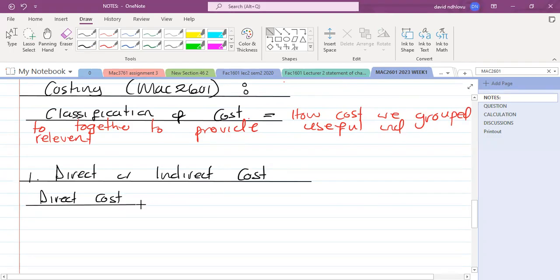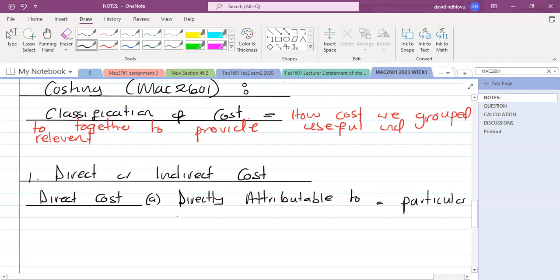When we speak about the direct cost, there are many ways of describing it, all trying to explain the same thing. I'll start with the first way. A direct cost is directly attributable to a particular product or service.